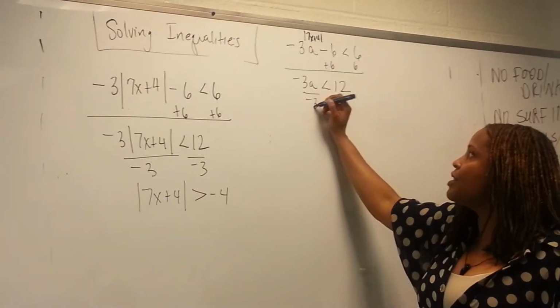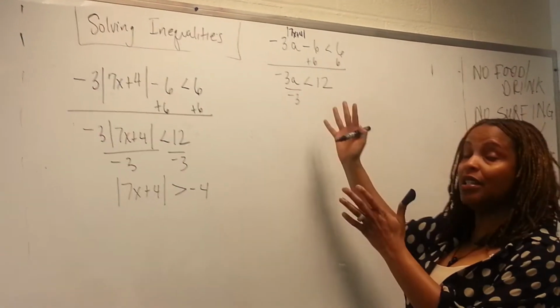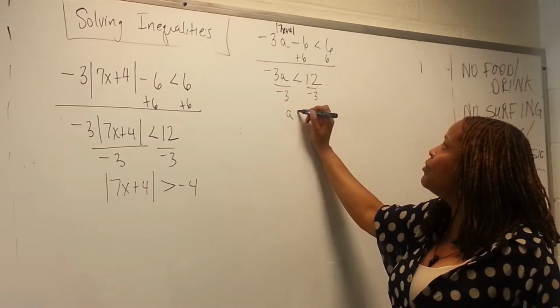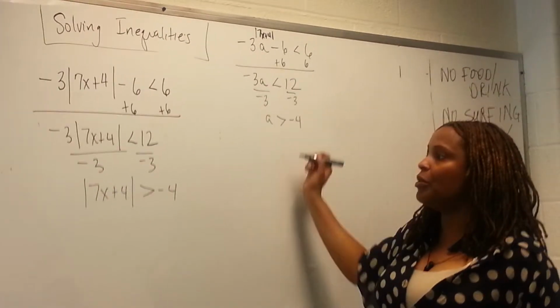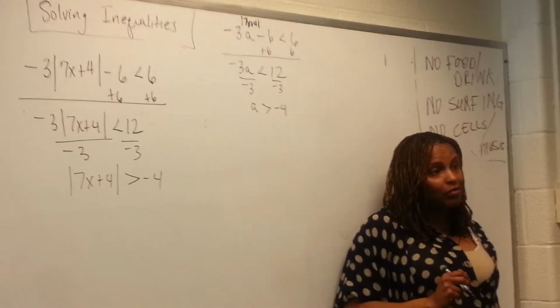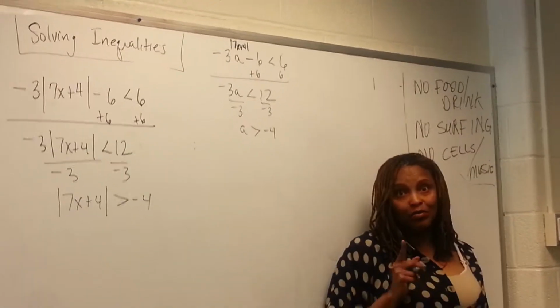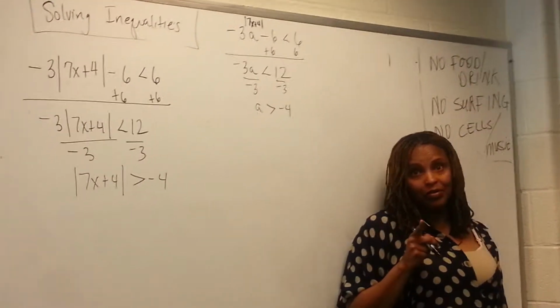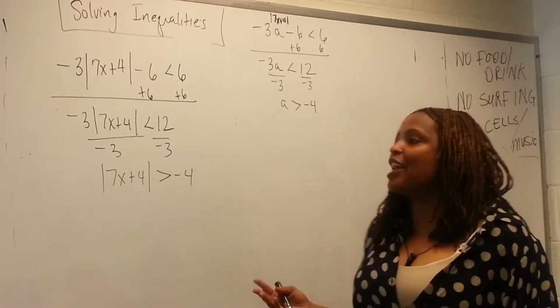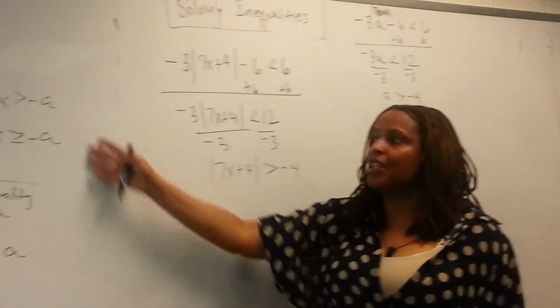So just so you can see it in a smaller, more condensed form, are we okay with that? Don't lie to me. Good? Yeah. Okay. So now you got to divert to these rules over here.